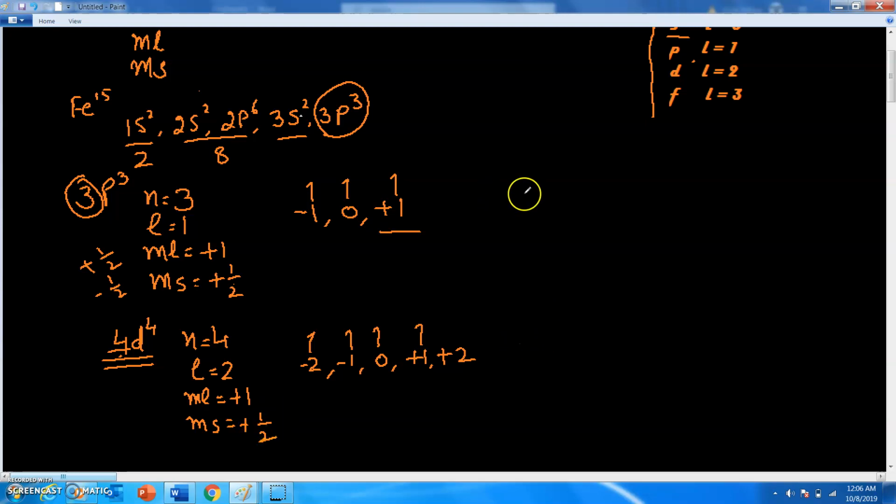Now we can take the example of one more p orbital. We can say P4.